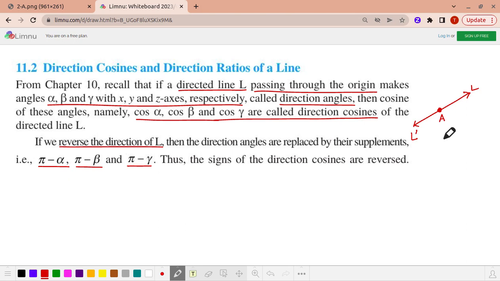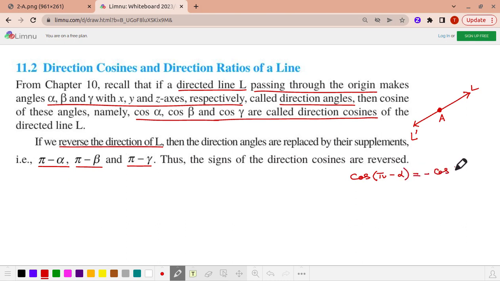So the signs of these direction cosines will change, because the value of cos of pi minus alpha is negative. What I wanted to say is that cos of pi minus alpha is equal to minus cos alpha.